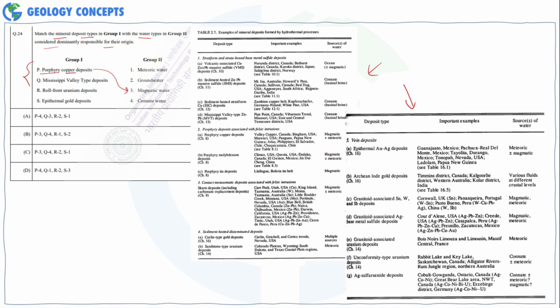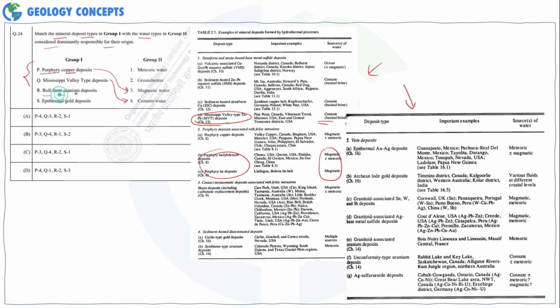You can see that here as well. Similarly, the MVT type deposits, which is a sedimentary deposit, is found to be formed from connate or fossil water or brines which are abundant in salt content. So I can see MVT or Mississippi Valley type deposits forming from connate water.